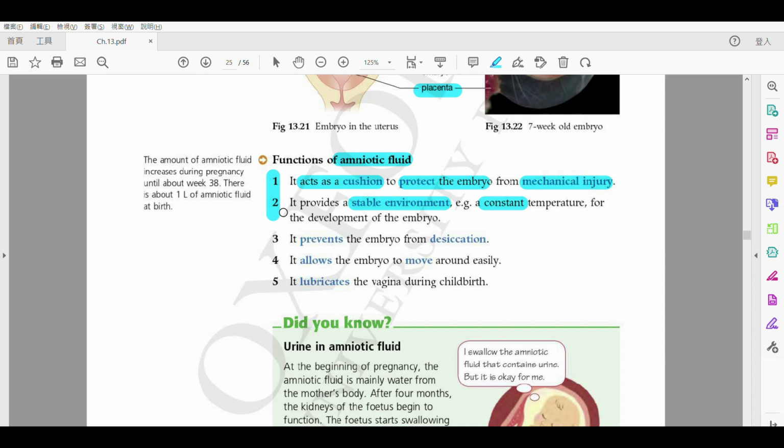So the function of uterus 都係 protect the embryo 同埋 provide a stable environment 嘅。So therefore, always remember these 2 points。得唔得?